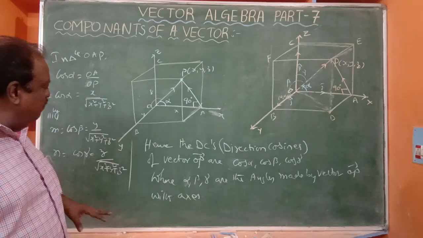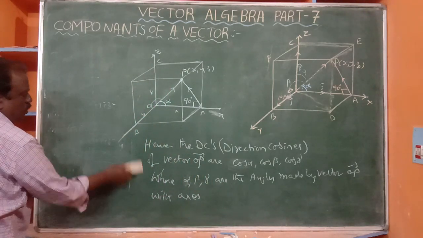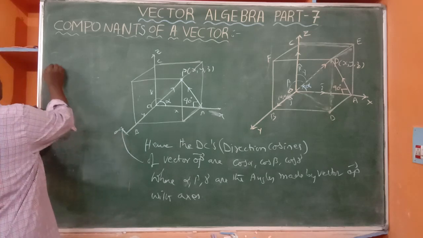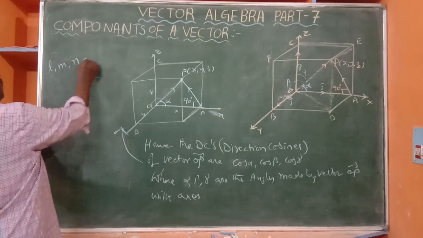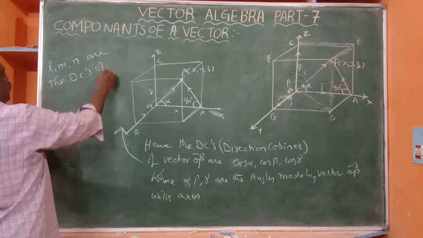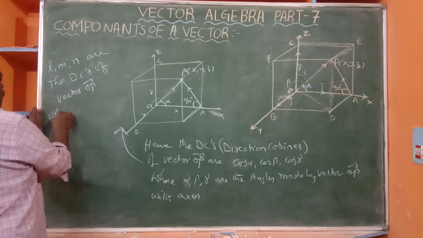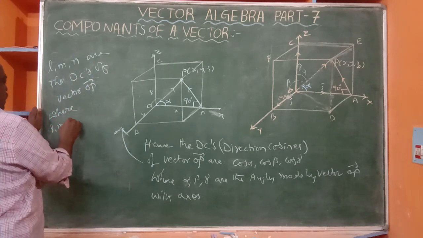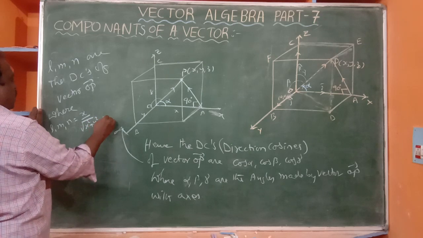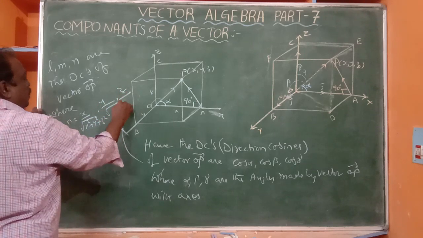Shortly, we may say, in continuation, l, m, n are the direction cosines of the vector OP bar, where l, m, n are x by root of x square plus y square plus z square, y by the same root, and z by the same root.